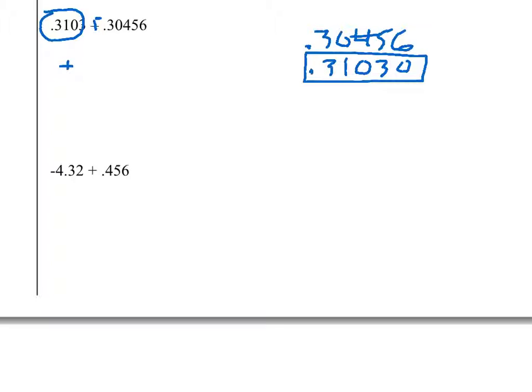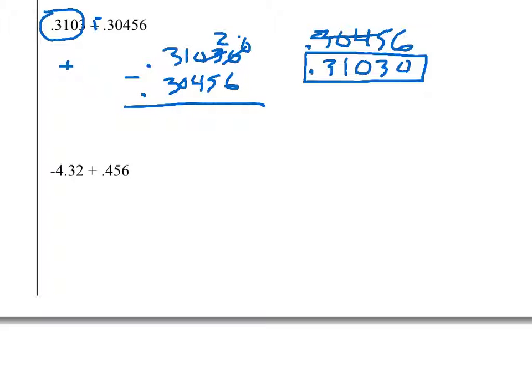Okay, so I have to flip around this so I can do my subtraction. So I'm going to put my 0.31030 on top because I know that's a larger number. You can't do subtraction with the larger absolute value on the bottom. I'll borrow here, gives me 10. It's 4. Need to borrow again, nothing to borrow from.